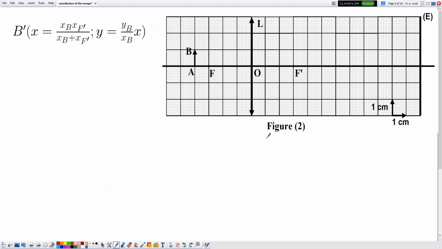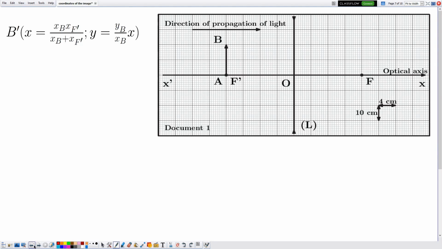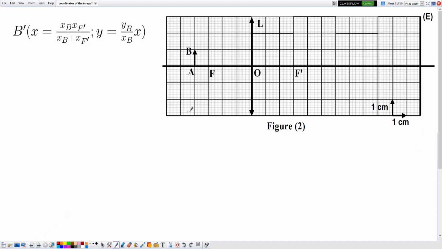Now let's also consider this example. So this is the positive direction, negative direction, positive direction of the y-axis, negative direction of the y-axis.